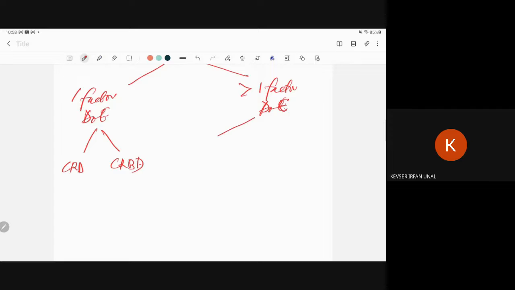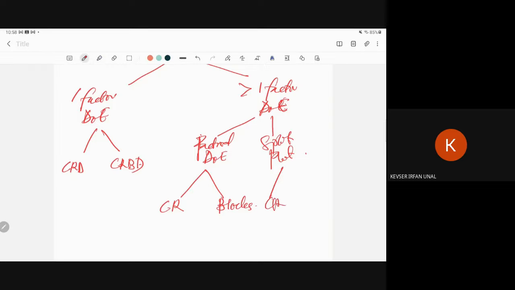For example, the most basic is the factorial design. For factorial design, you can do completely randomized, or you can do a block design. Similarly, you also have a split plot, which you can also do completely randomized or with blocks.